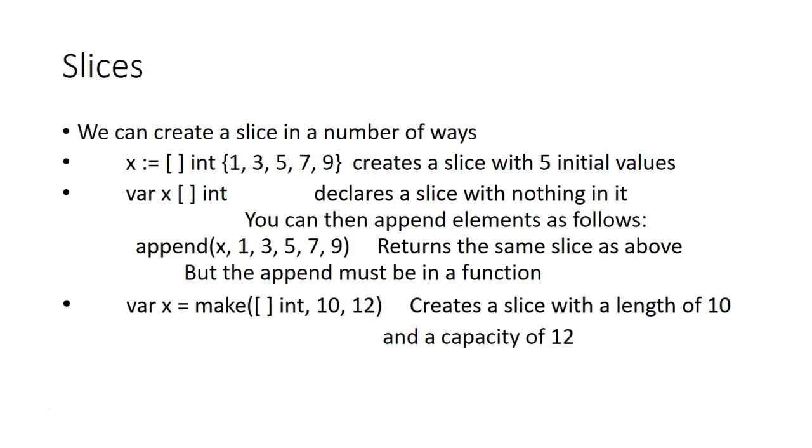And so the first thing that we want to know in make is, what is it that we're supposed to be making? And the answer is, read this with me out loud, a slice of int. Make a slice of int. That's what we're doing. Making a slice of int. And the length will be 10, and the capacity will be 12. That's what make will do.